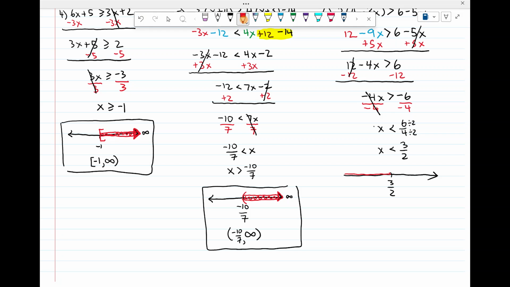And again, since it's less than, we'll use our curved bracket. And in interval notation, notice that these are all the numbers in between negative infinity and 3/2. And we are done.